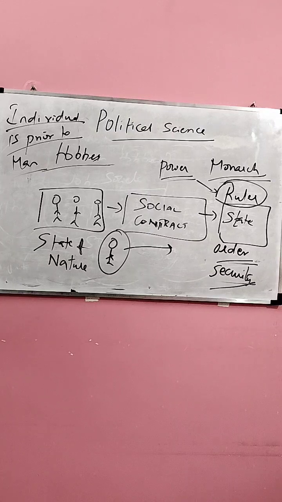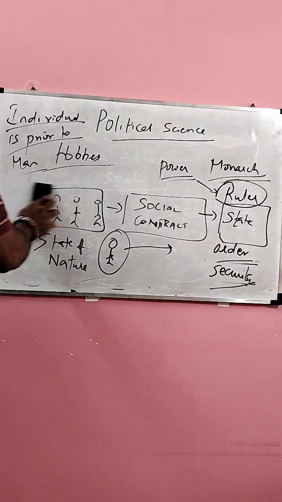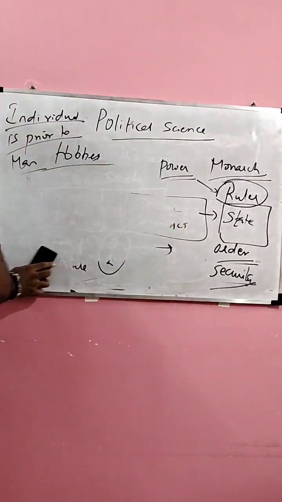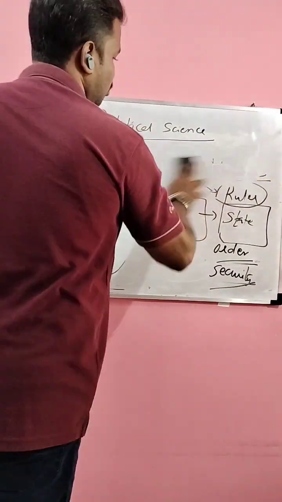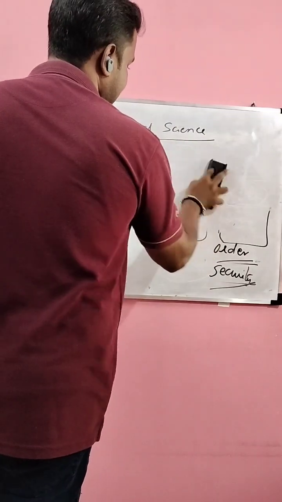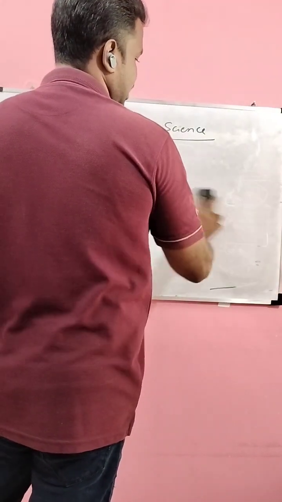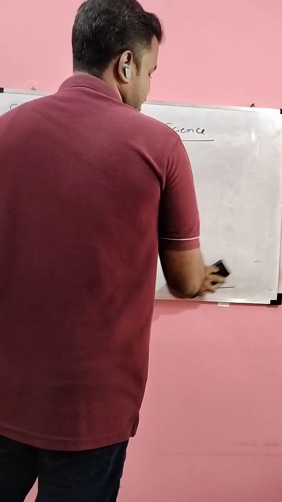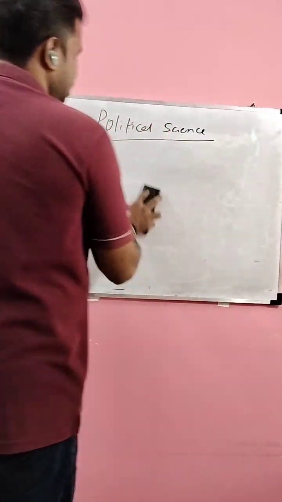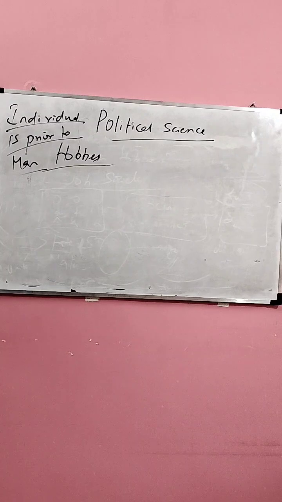Okay? When you look at the view of Thomas Hobbes, he is favoring the ruler. He is giving more power to the ruler, but yet he has opened the gates of liberalism. He has recognized the individual. He is recognizing the existence of the individual, but yet he wants the individuals to obey the ruler.